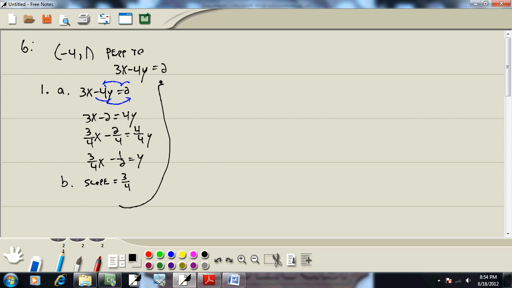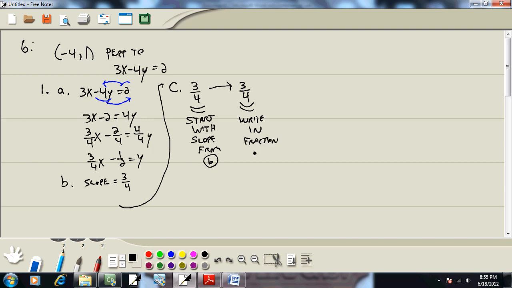Now, C. Perpendicular lines have slopes that are negative reciprocals. So we'll start with the slope from B. We'll write it in fraction form. Well, this one's already in fraction form, so I don't have to do anything.